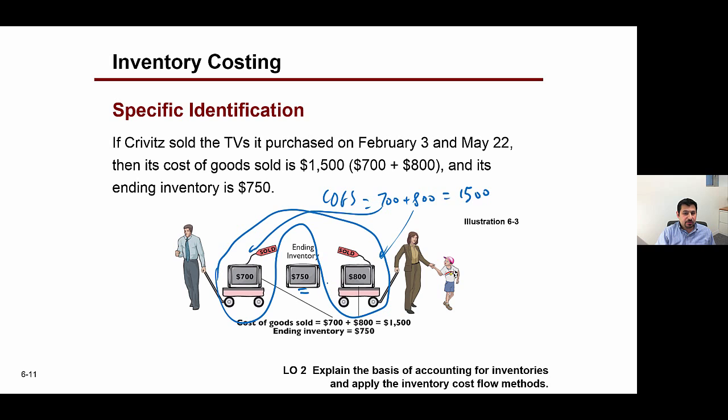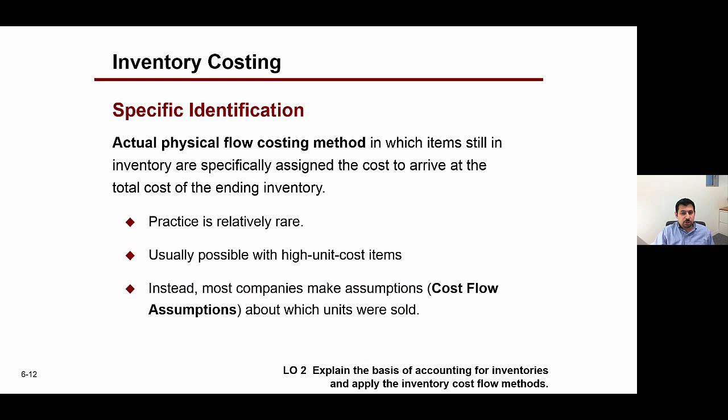So this is basically using the specific identification. And like we mentioned, this is the actual physical flow of goods. This is exactly how the products are being sold. So we know that TV 1 was sold, and then TV 3 was sold. TV 2 was still in our storage.